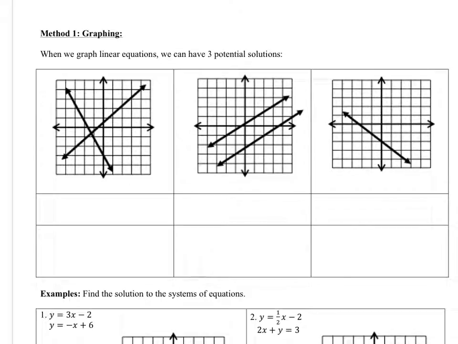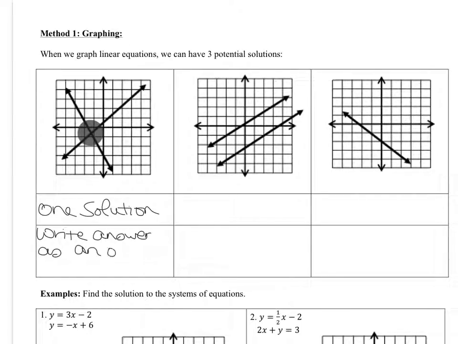They intersect right here. So that means on this problem I have 1 solution. So I'm going to write my answer as an ordered pair.